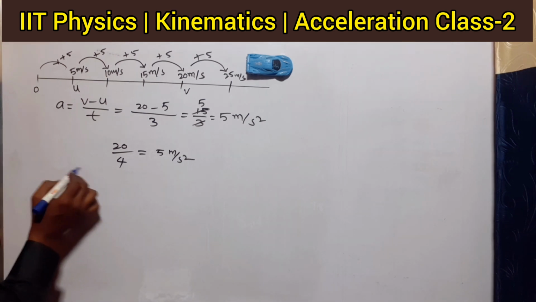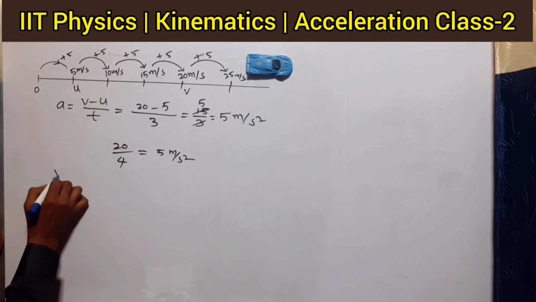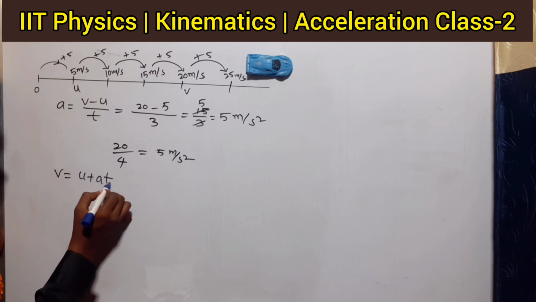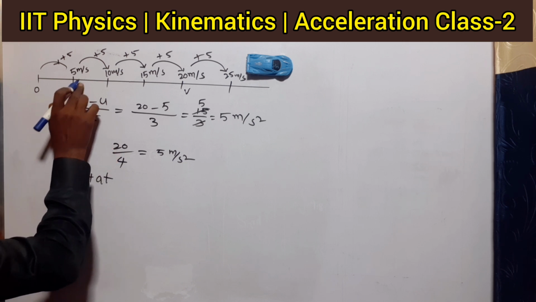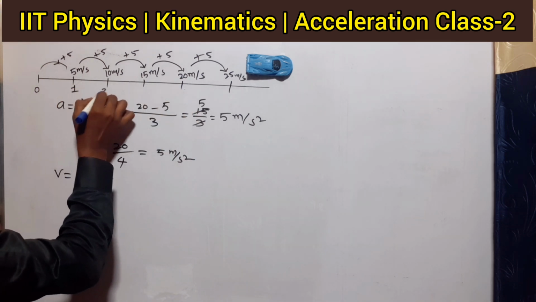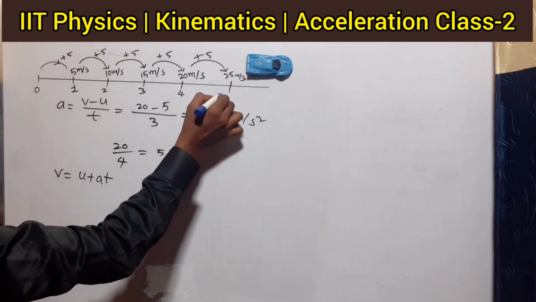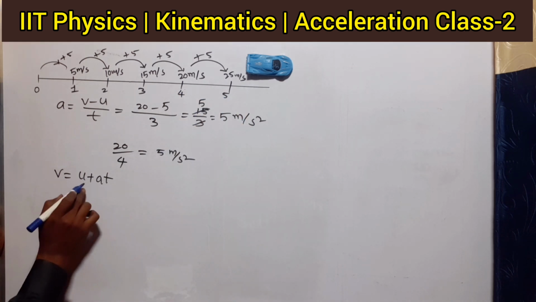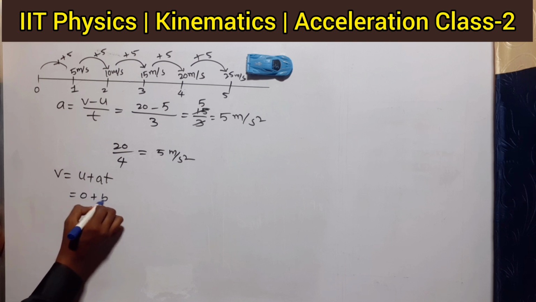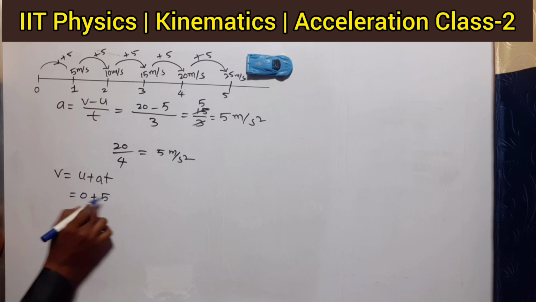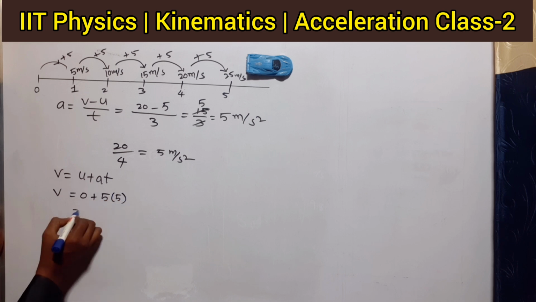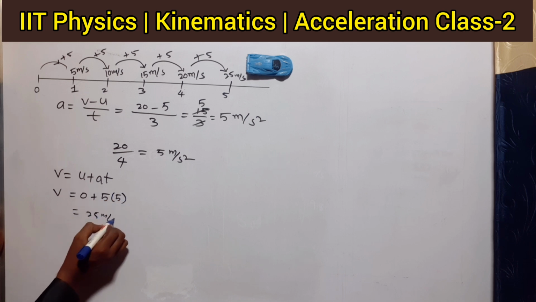We can verify like this also. Final velocity v is equal to u plus at. Here first second, second second, third second, fourth second, fifth second, 5 seconds completed. Initial velocity 0, acceleration 5, then what is the final velocity at 5 seconds? 5 fives are 25 meter per second.